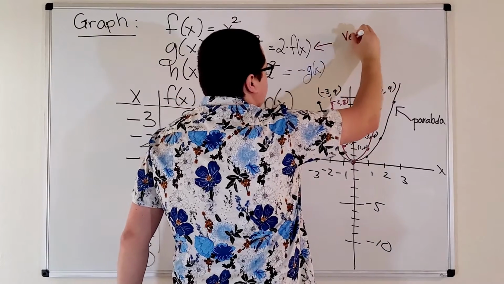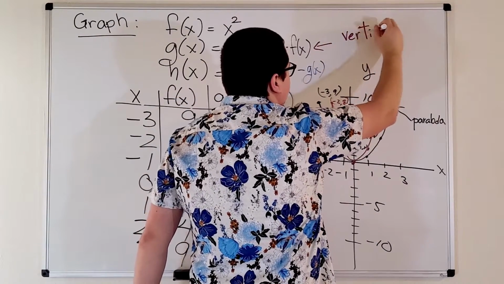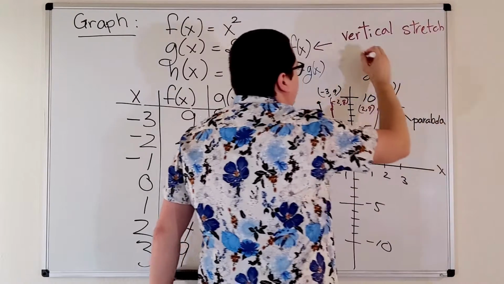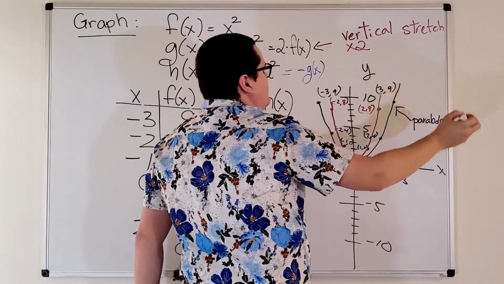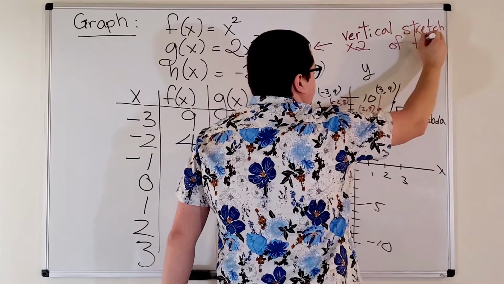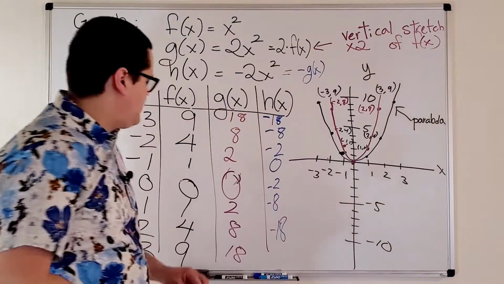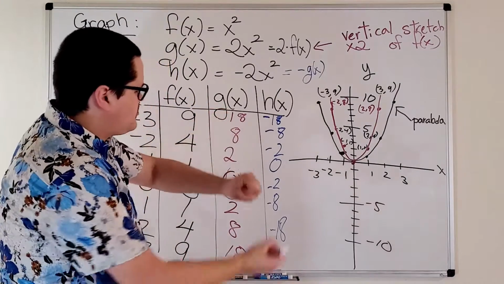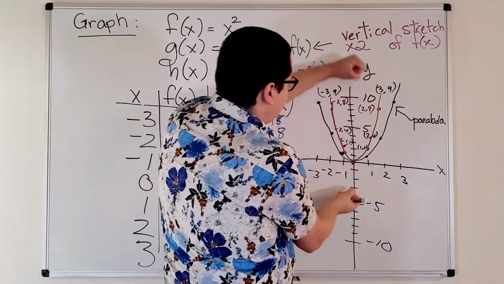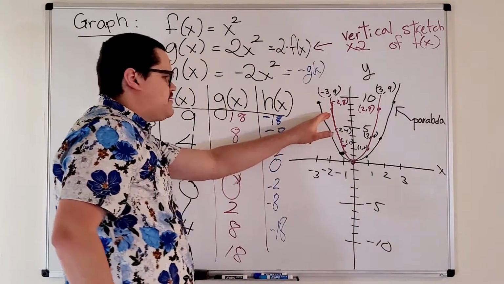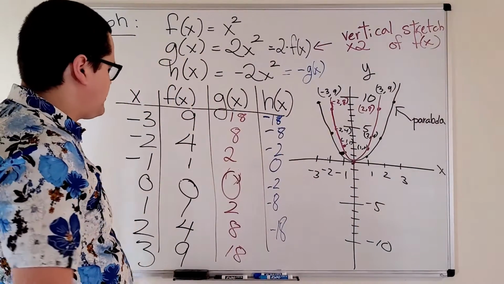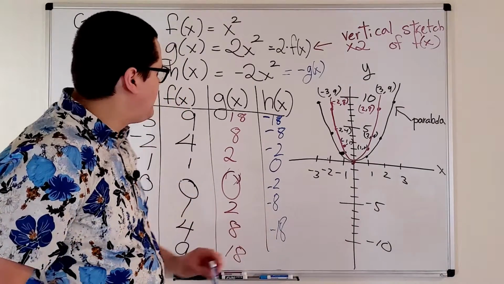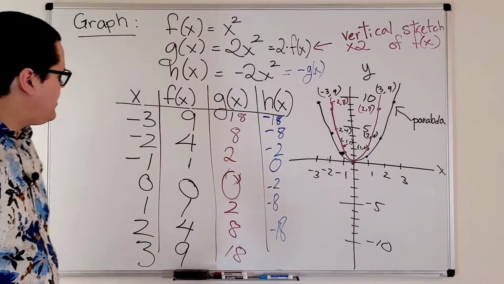This is a vertical stretch by a factor of 2, so times 2 of f of x. Because we took each of these y values and we multiplied them by 2. We stretch this thing, and you get this curve g of x. Well, that makes sense. What about h of x?